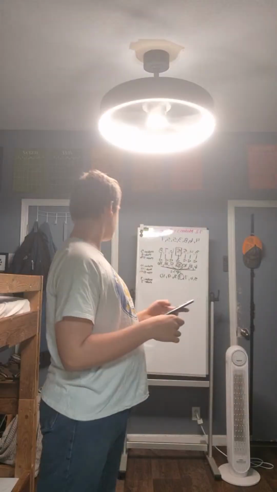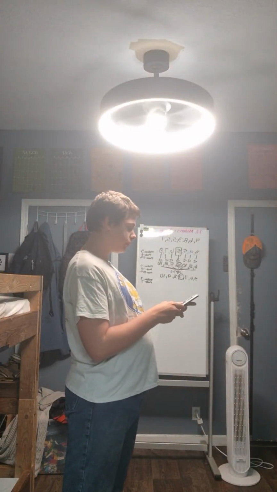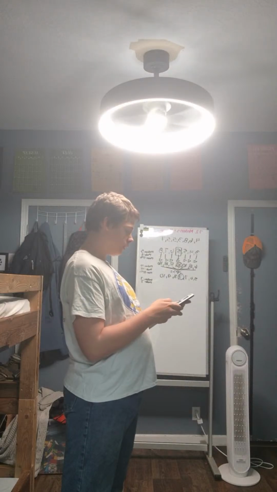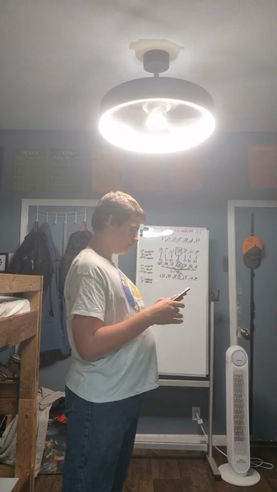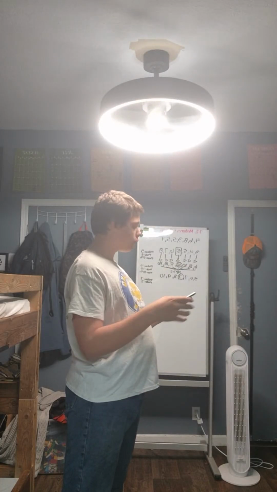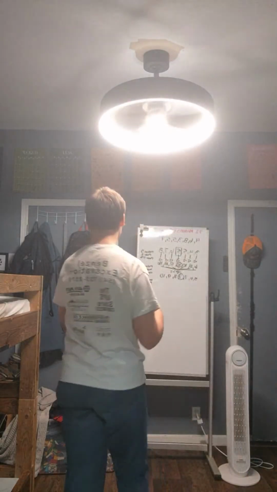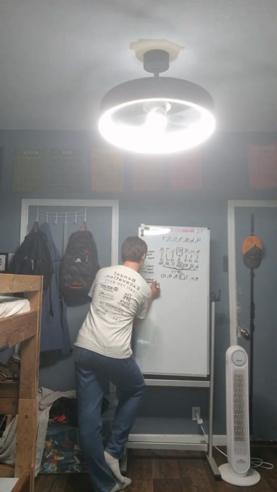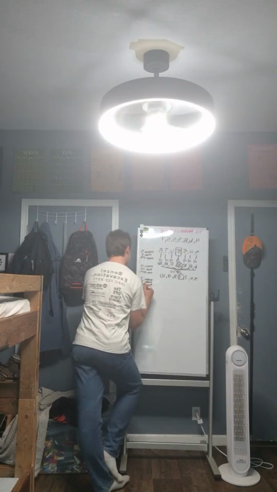Then 5 plus 6 plus 7 plus 7 plus 7 plus 8 plus 9 plus 10. We get 49 over 7, the mean is 7 and 3 over 7.